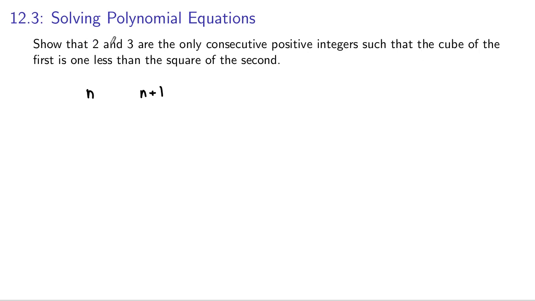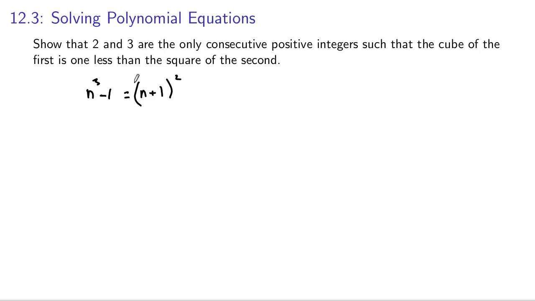So we're wanting to show 2 and 3 are the only consecutive positive integers such that the cube of the first is 1 less than the square of the second. So the cube of the first minus 1 should be the square of the second. Those should be equal. So we can write an equation here.